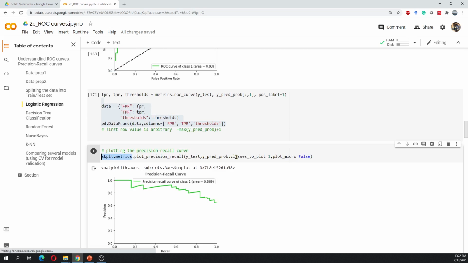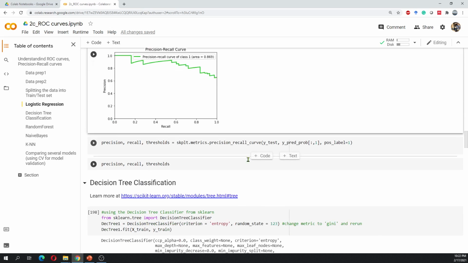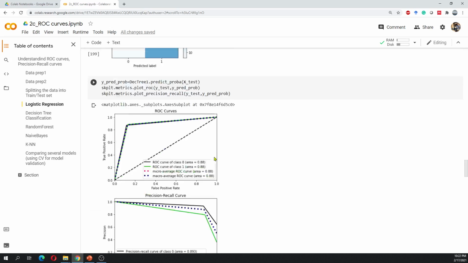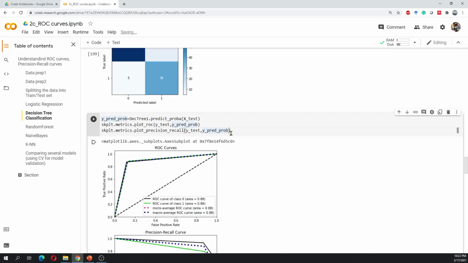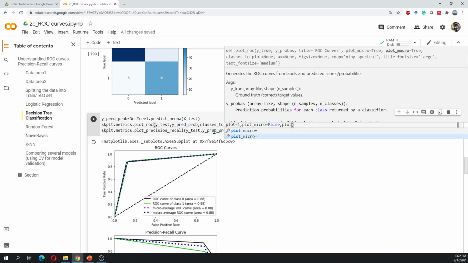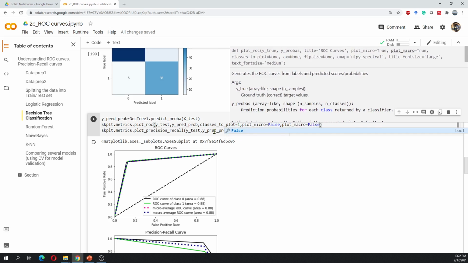So we're going to do the same thing we did for these guys. We want to clean up that plot just to look at class 1. And here, I'm going to do the same, but I'm going to also add plot macro false.